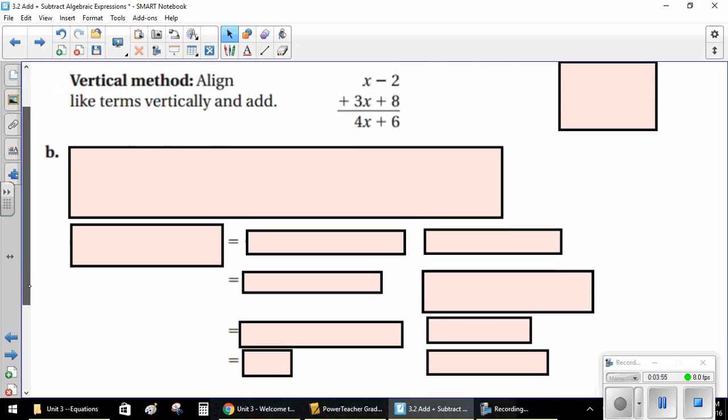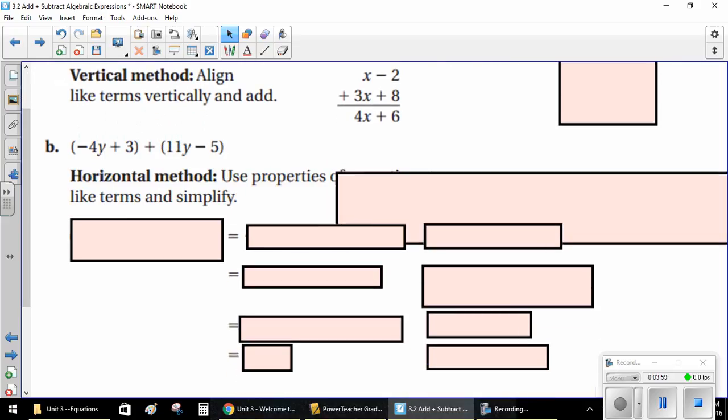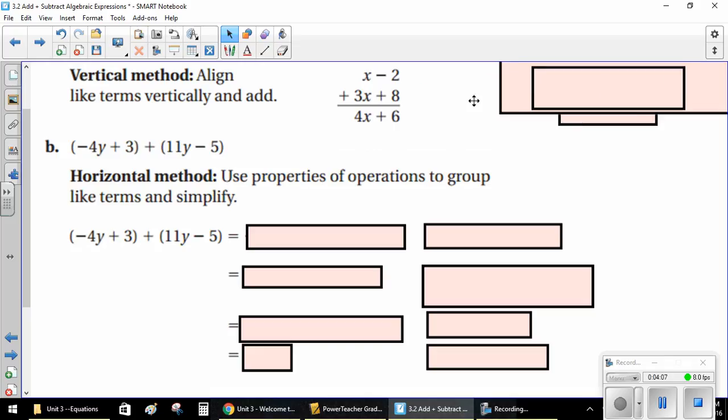Our second way, or option B, it's called the horizontal method. And you don't need to write these words down, it's okay. So here's the problem, negative 4y plus 3 plus 11y minus 5. If you just take a look at the problem, you notice that everything's either being added or subtracted.